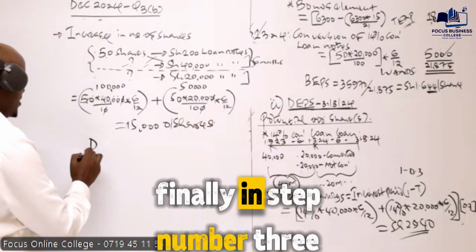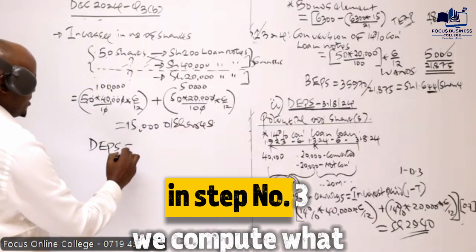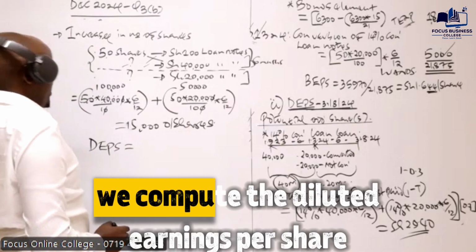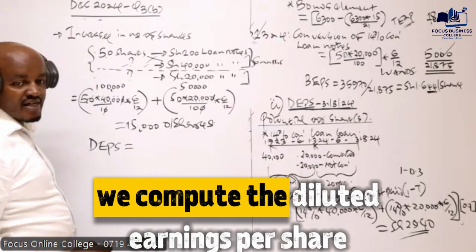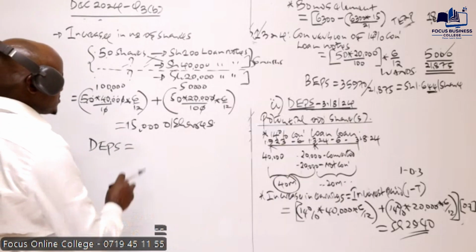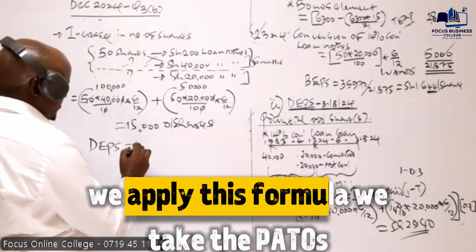Finally, in step number 3, we compute the diluted earnings per share. For the diluted earnings per share, we apply this formula.